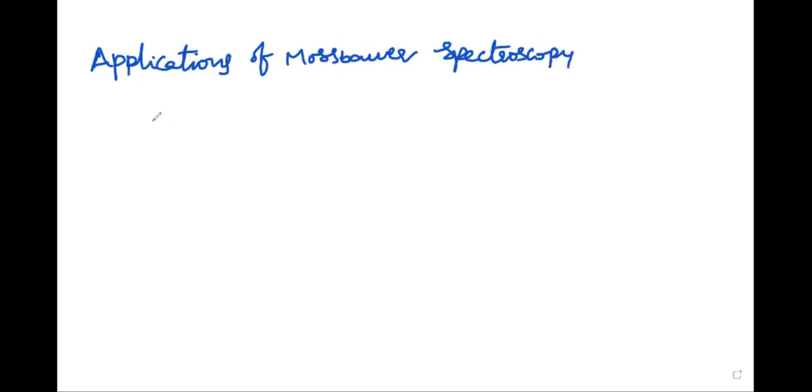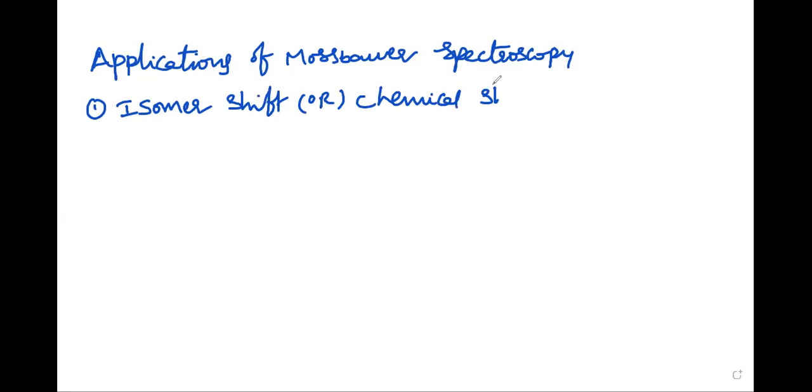So the first application is isomer shift, which is also called chemical shift.